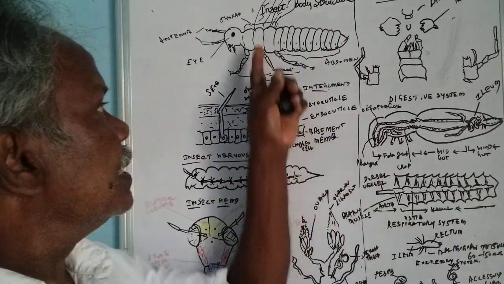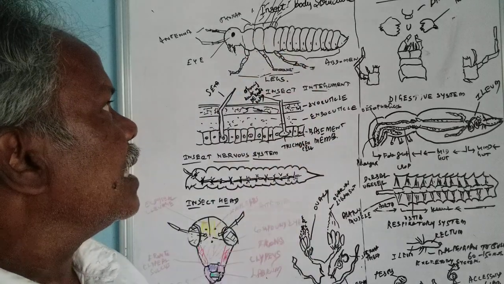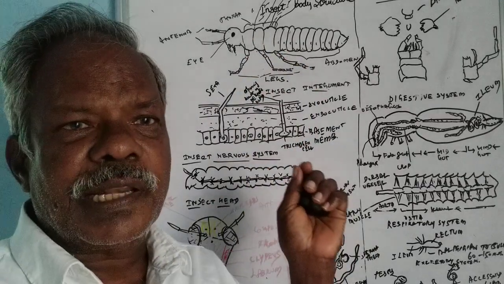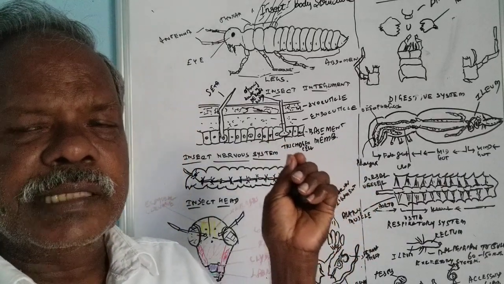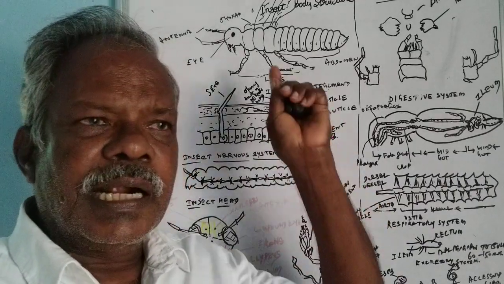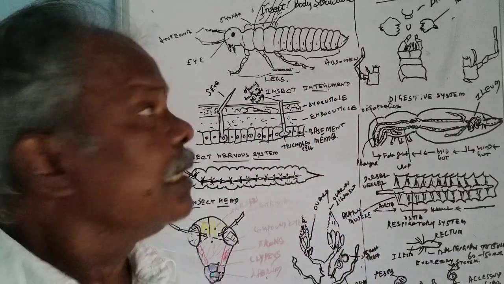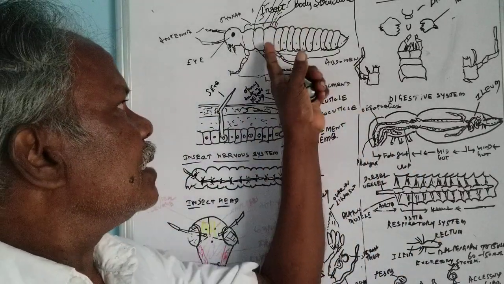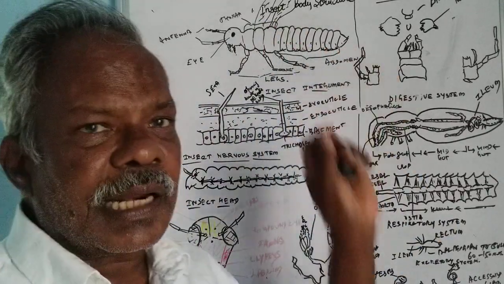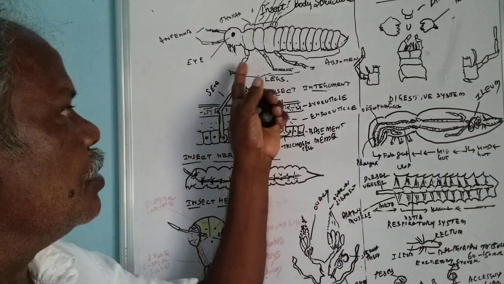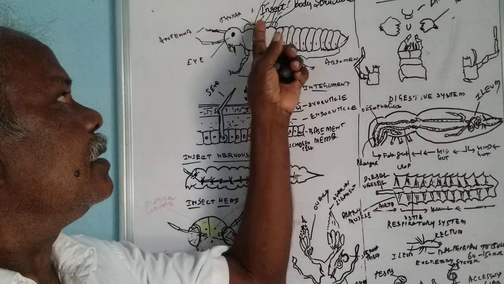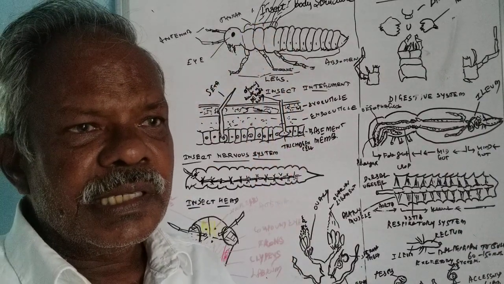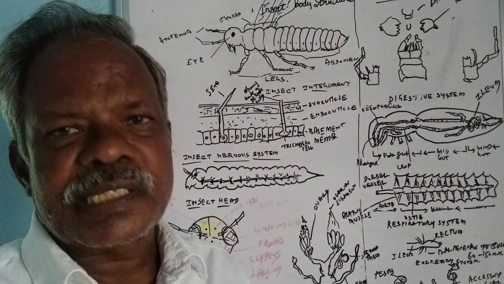As regards the thorax, 3 segments are there. On these segments the legs are attached on the ventral side, and the wings on the dorsal side. And as regards the abdomen, there are 10 segments. So totally 3 pairs of legs and two pairs of wings.